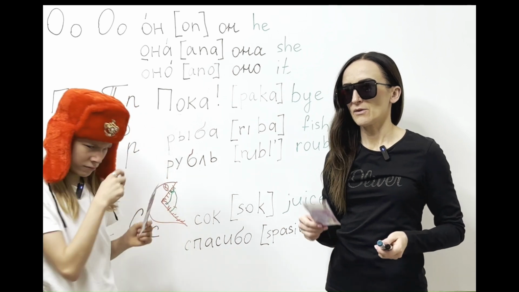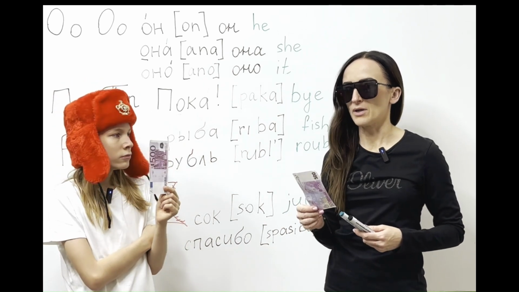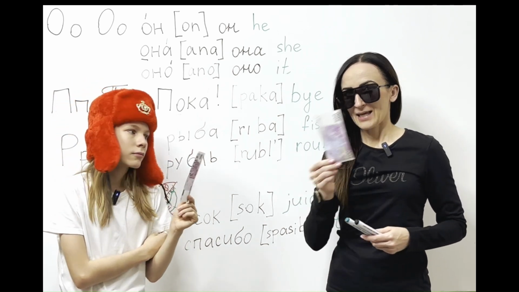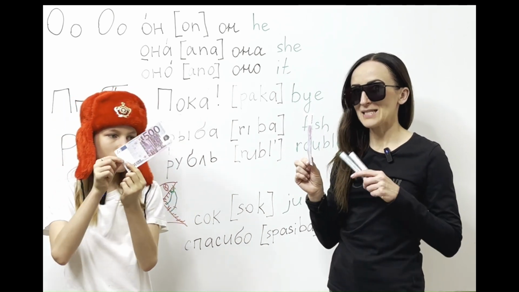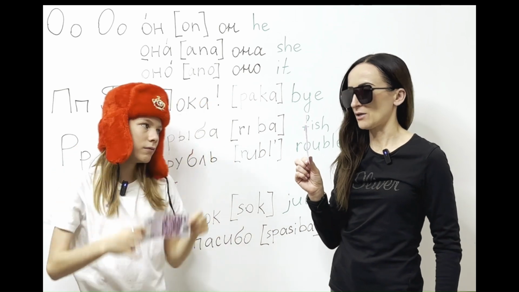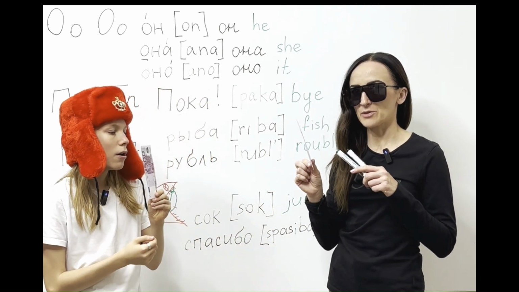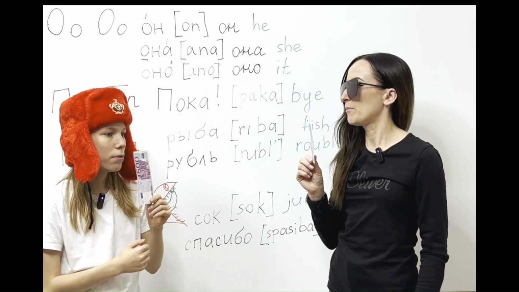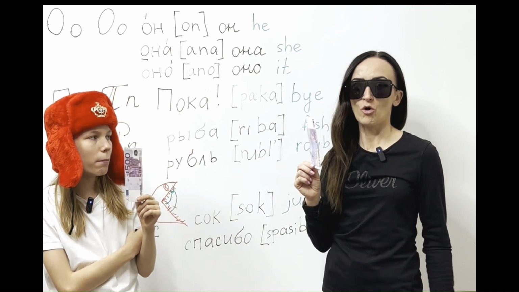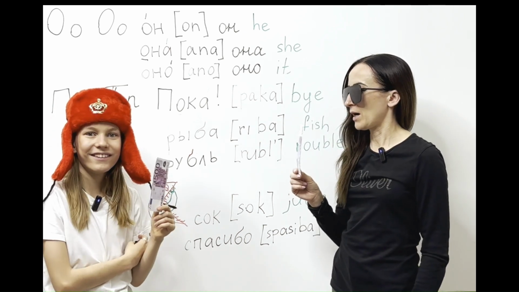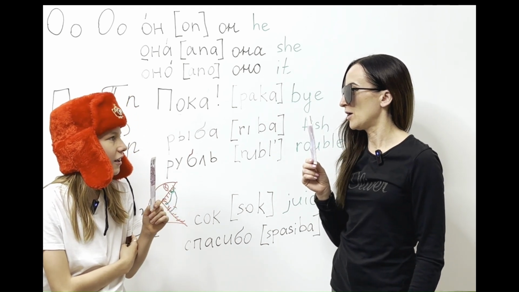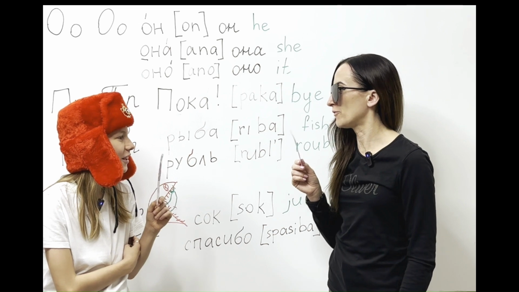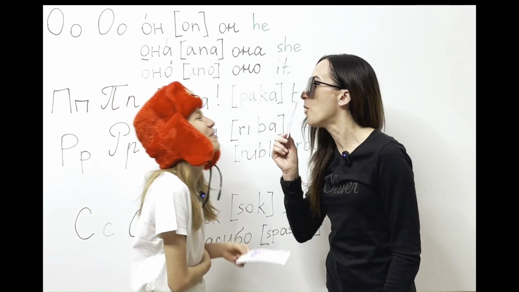Whereas in English, there is more breath. P. Why did I take this banknote? To show you that this is the English P sound. P. You see the paper is moving. But in Russian, P, P, P. No movement. Popa, poker. Poker face.